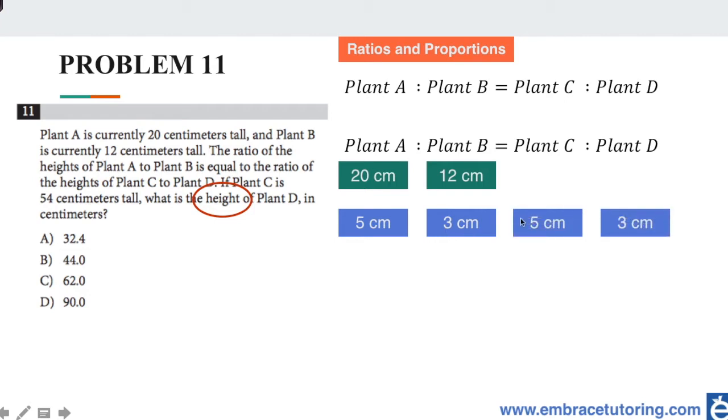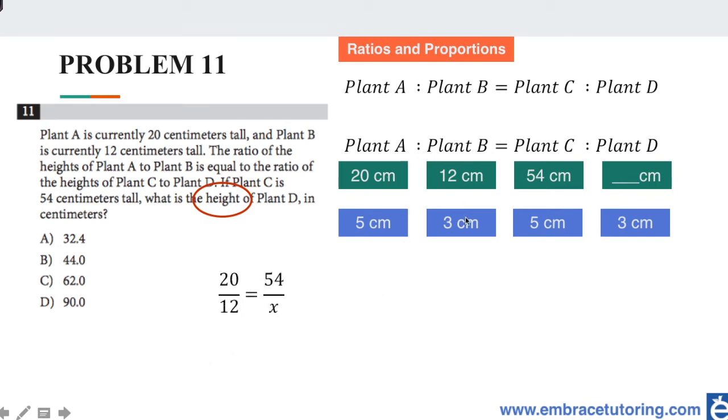And it does say that if plant C is 54 centimeters tall, right, so they give me this information, we're trying to figure out what plant D is going to be, right? And I could theoretically divide 54 by 5 and then take that 3 and multiply those things, but that's also the same as really just setting up a basic proportion, right?